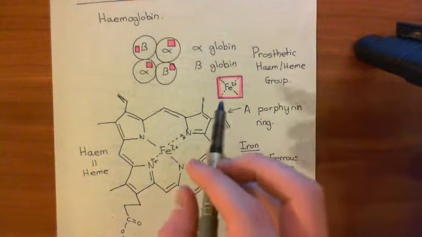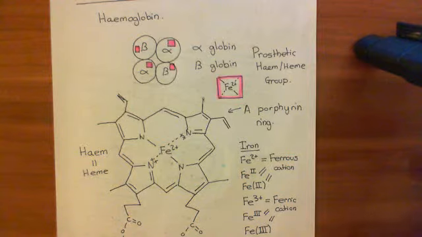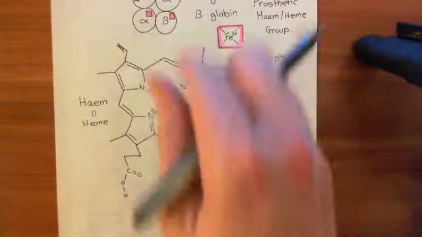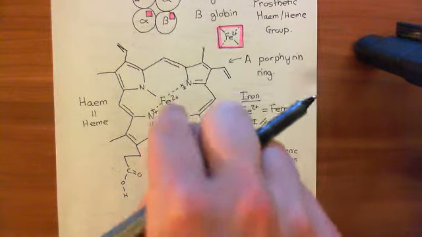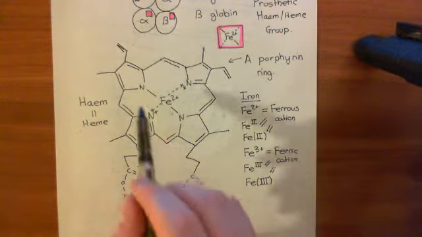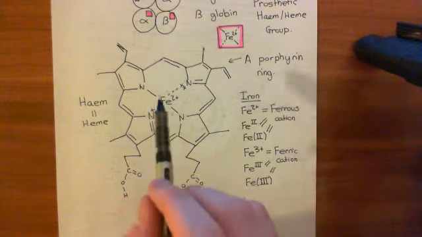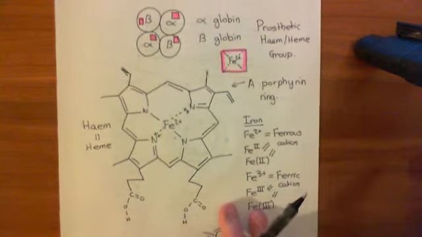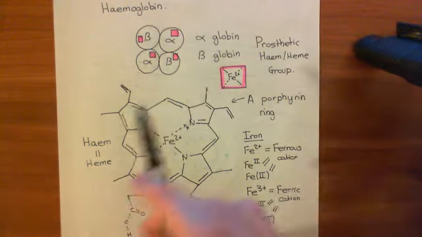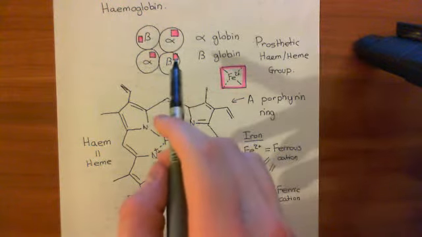When you stitch a prosthetic heme group onto the protein, it's going to use one of these 3 coordinate bonds. Let's say if we take this up here, it's going to use the coordinate bond that is going into the page, and that one's used up in attaching the heme group onto the protein. But that still means that the heme group has one final coordinate bond coming out of the page that is still free. So at the moment it's in the 5 coordinate form bonded to these globin proteins, but it still has one coordinate bond free, and this is the one where oxygen binds.